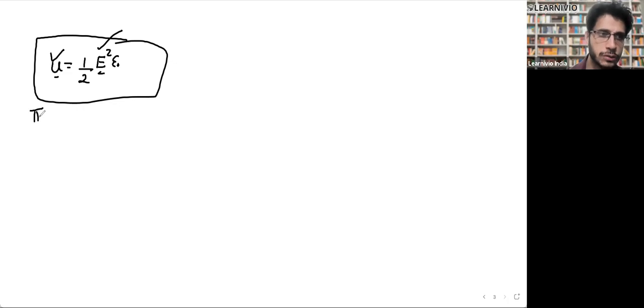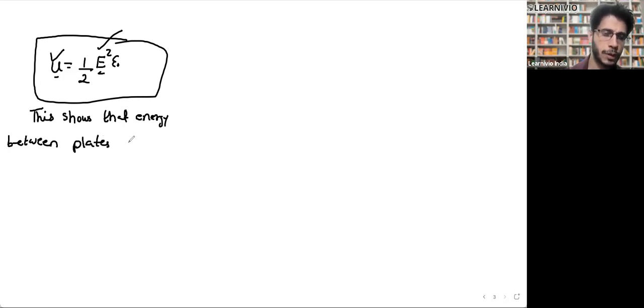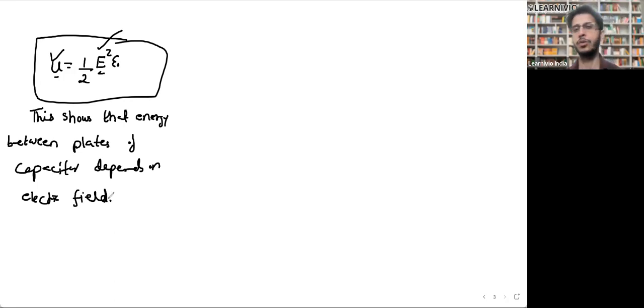So this shows that energy between the plates of a capacitor depends on the electric field. In fact, energy is stored in the field. Energy is stored in the electric field.